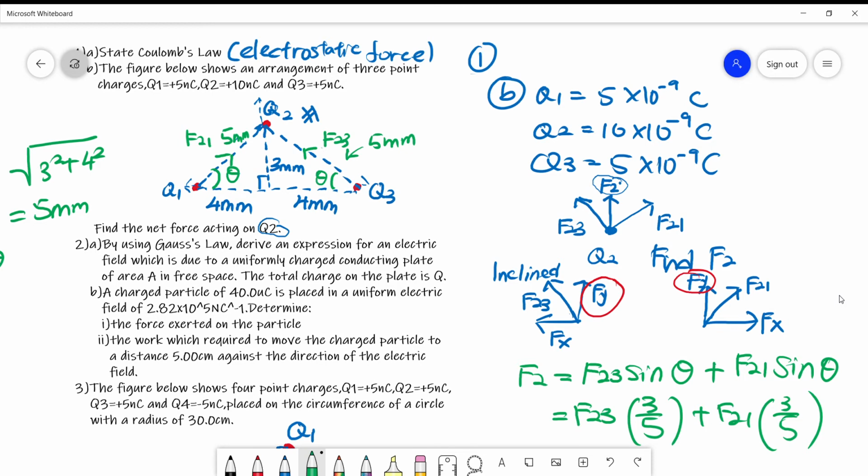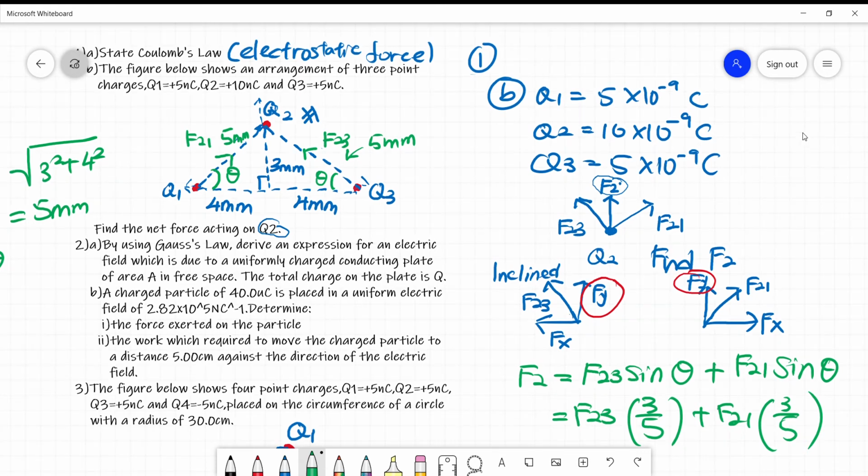Obviously the Q1 and Q3 are the same, so the magnitude of the forces for Q1 and Q3 is the same. Both forces exerted on Q2 have the same magnitude.